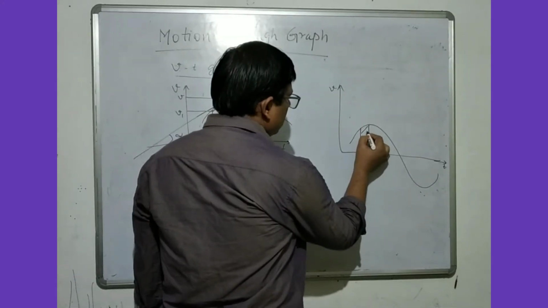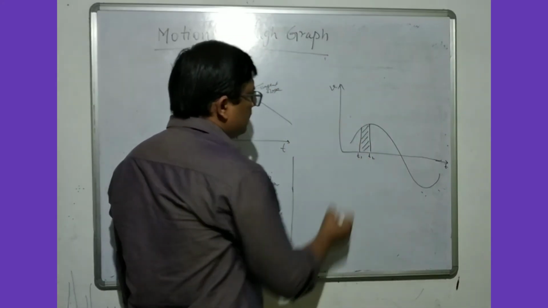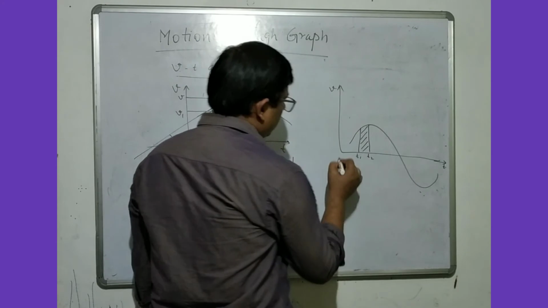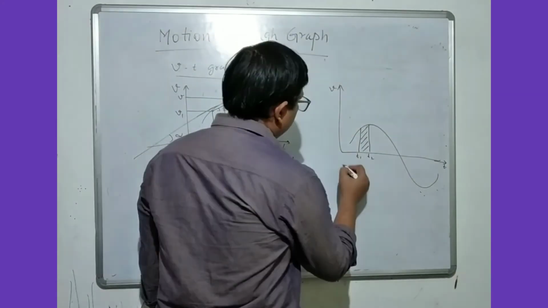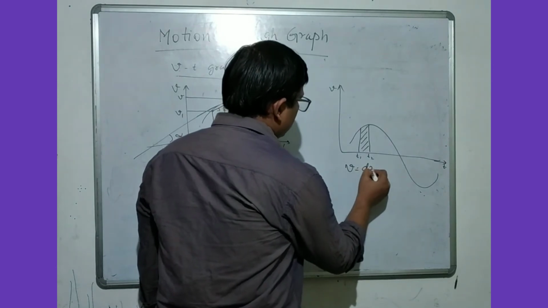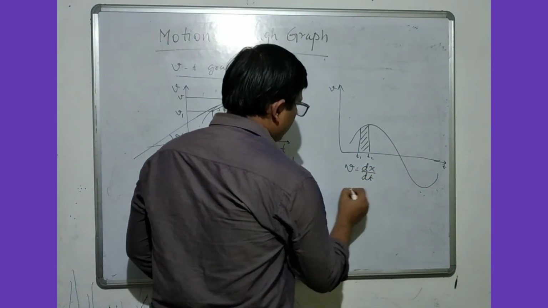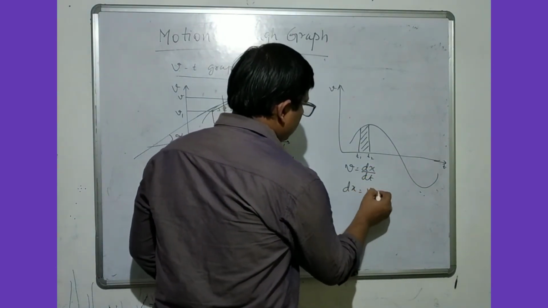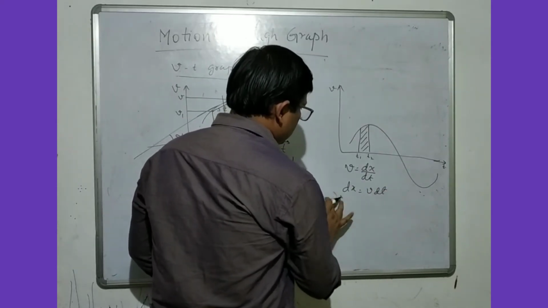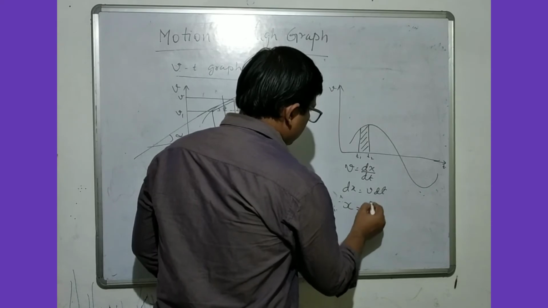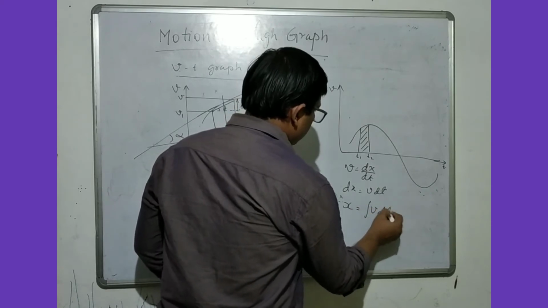the area between this curve, this area will give the displacement covered, since v is dx upon dt. So dx is equal to v dt. So x, that means displacement, will be the integral of v dt.